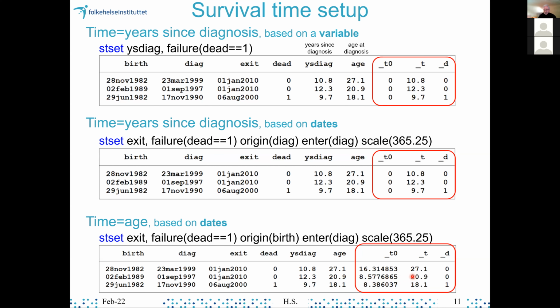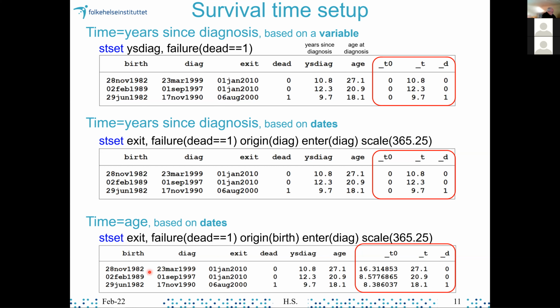How do you check that stset has done what it should? Well, you simply take a look at these variables and see that you get something that corresponds with the dates that you have over here. So this one, born in 82, was diagnosed in 99.